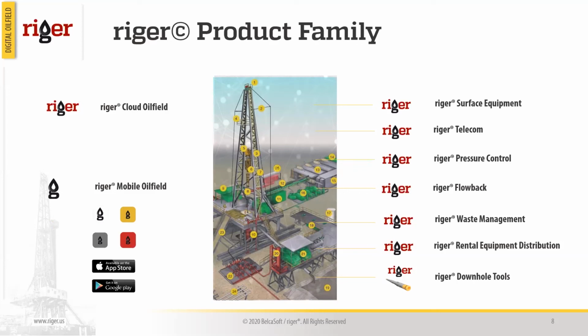Our main and flagship product is called RigER Cloud Oilfield, because the RigER system is hosted on a cloud server, so you can access this application and your database from literally anywhere where you have an internet connection. You can also use our software on mobile devices, available on both Android and iOS platforms.